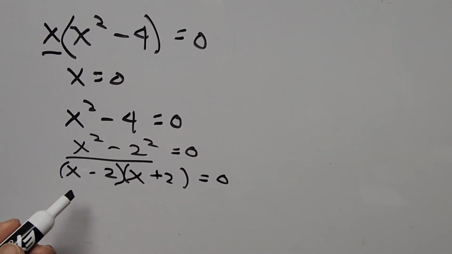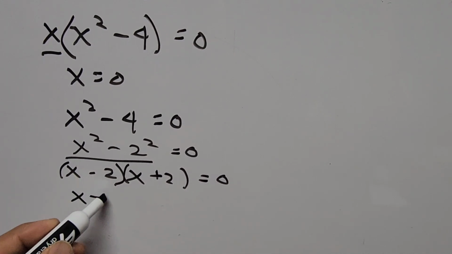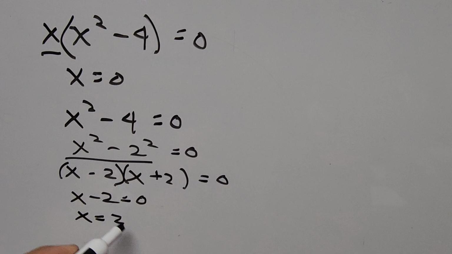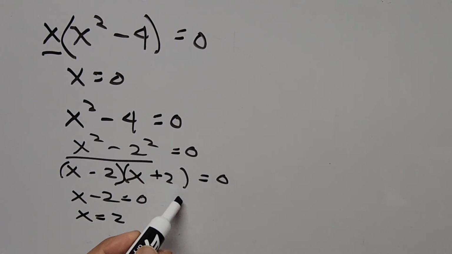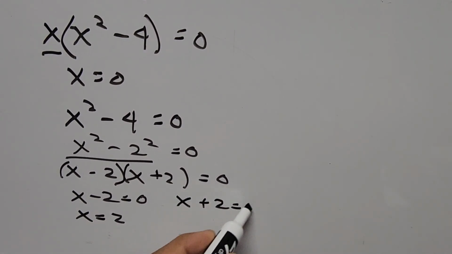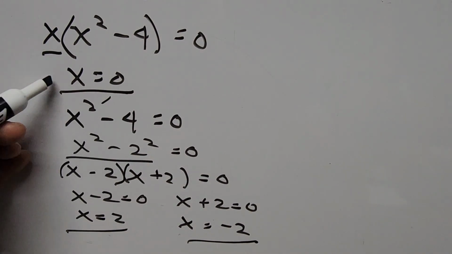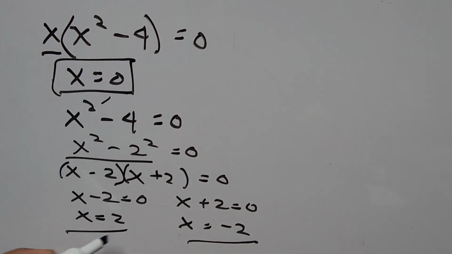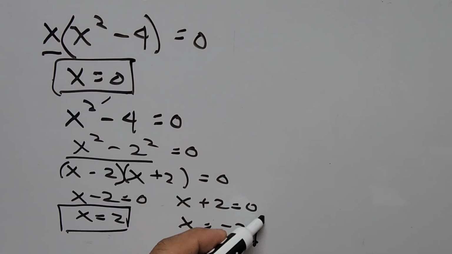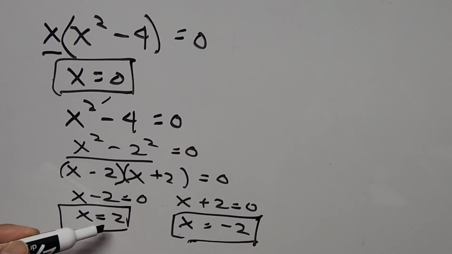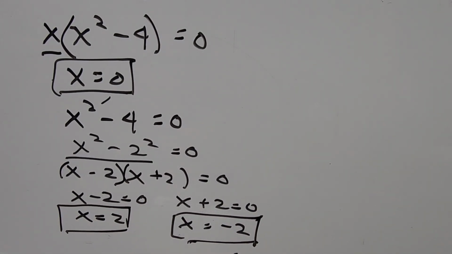Here we can see that x minus 2 is equal to 0, and x is equal to 2, and the other factor x plus 2 equals 0, so x is equal to negative 2. So we have positive 2, negative 2, and the third value, x is equal to 0. We have three solutions to this equation: x is 0, x is positive 2, and the third one is negative 2.